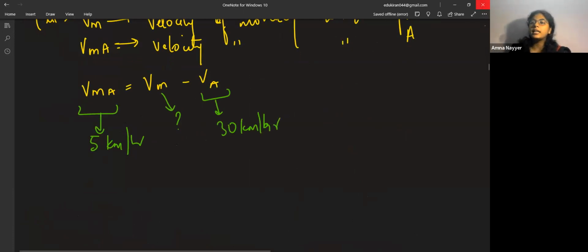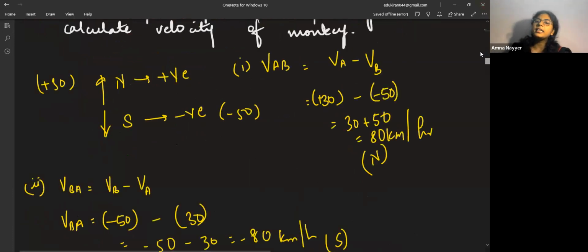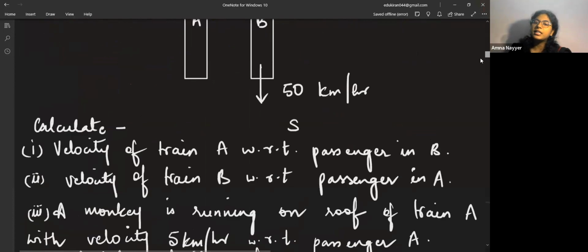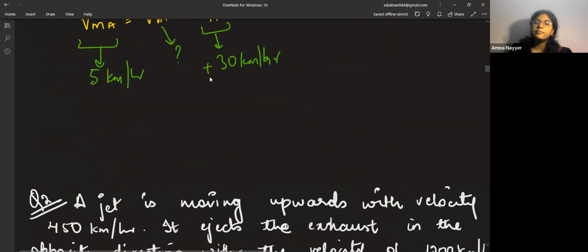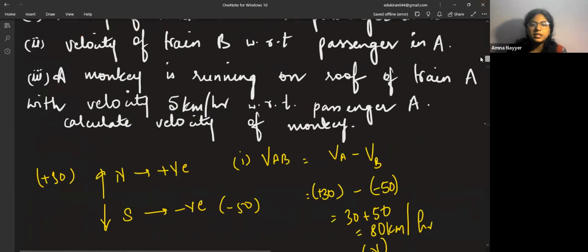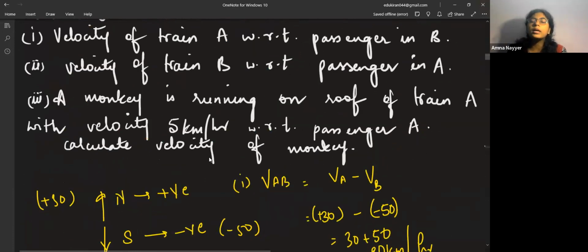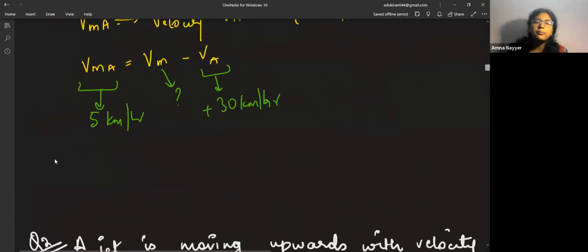Now coming to sign convention. Train A is moving towards north and I have taken direction towards north as positive, so this will be plus. And the monkey is running on the roof, so it is also moving in the same direction towards the north. So this will also be plus.